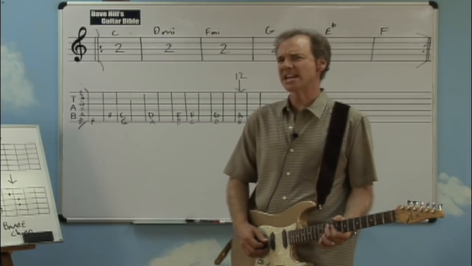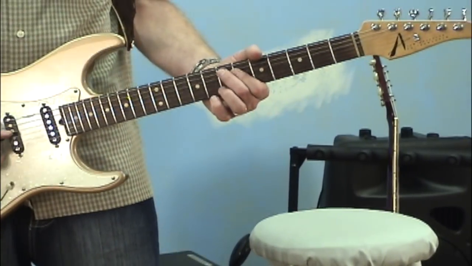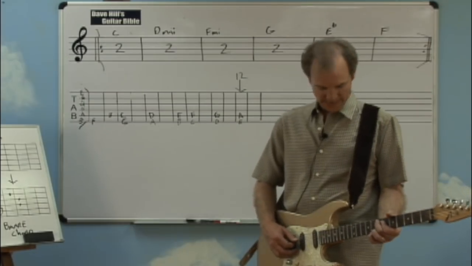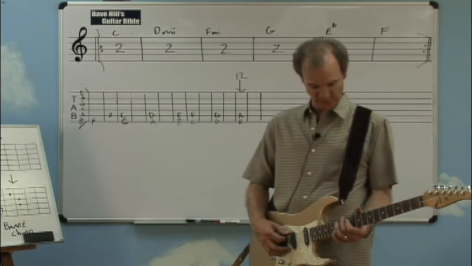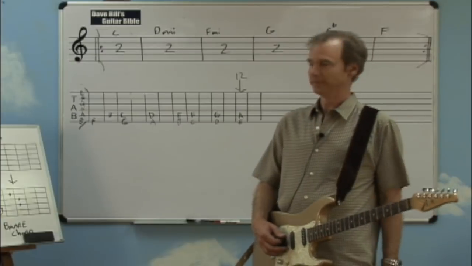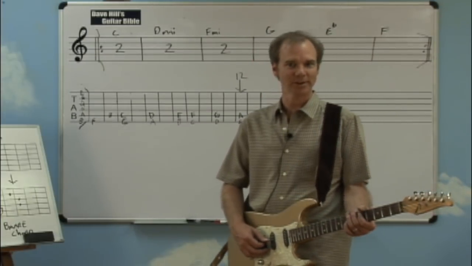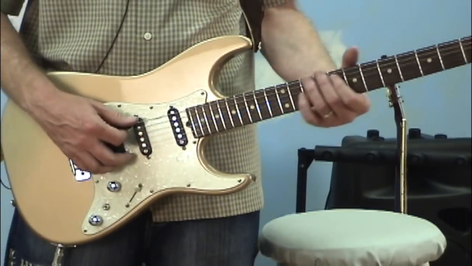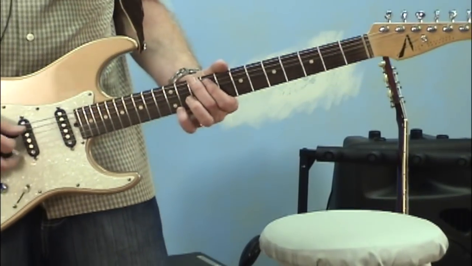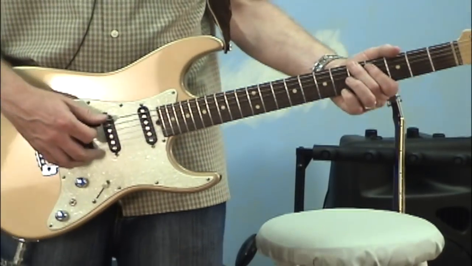Okay, how about the E on the A string? Excellent. Okay, how about the E on the E string? We could play the 12th fret or the open string. Okay, how about the D on the A string? Sorry. Okay, how about the D on the E string? How about the A on the E string? Or the open A?